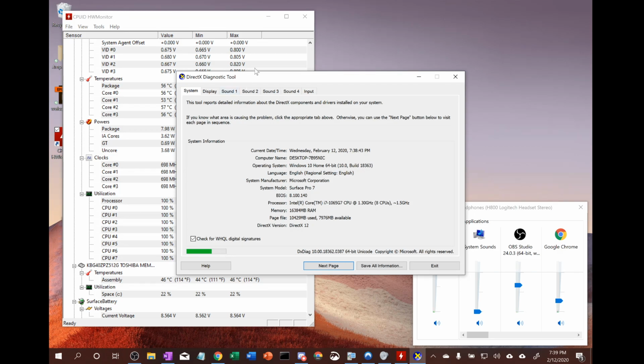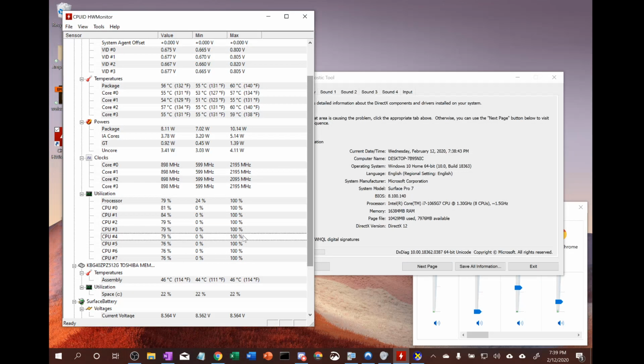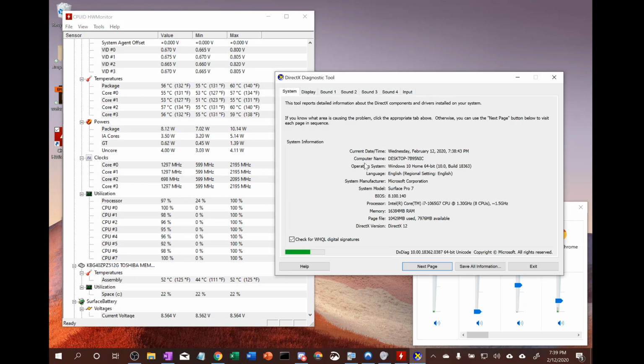Well, when I see this happening, look at processor utilization. 100%. That's too much. Right? I mean, that's what's slowing it down. So anyway, here's the setup. It's running Win 10 Home 64. It's running the correct build.